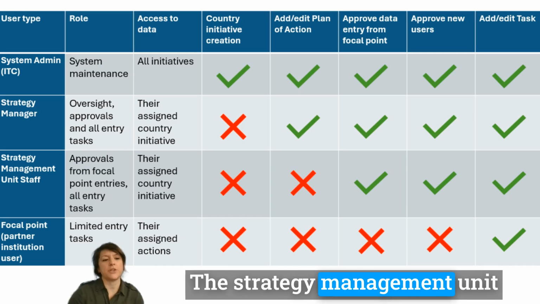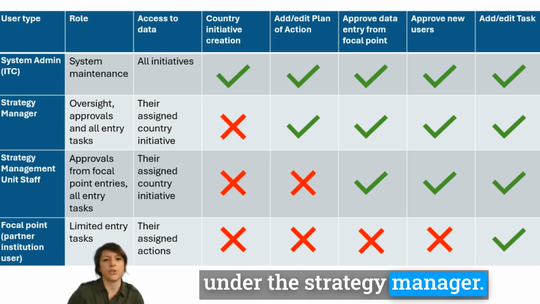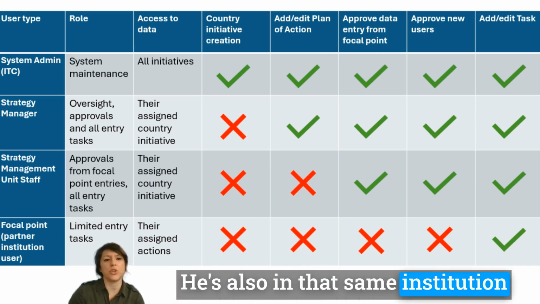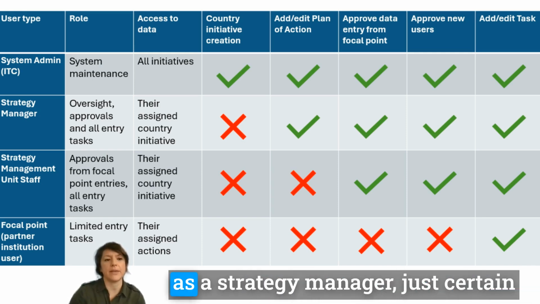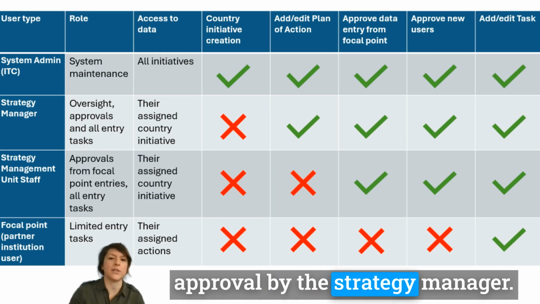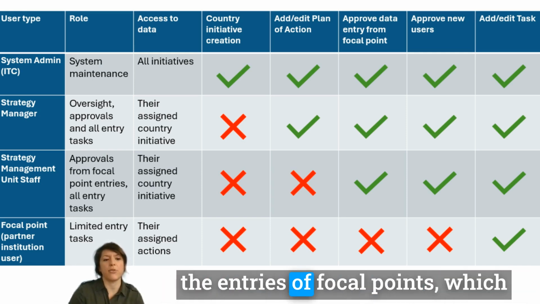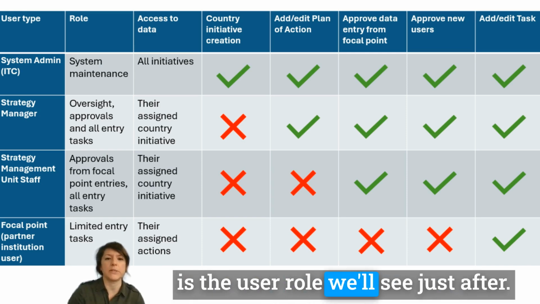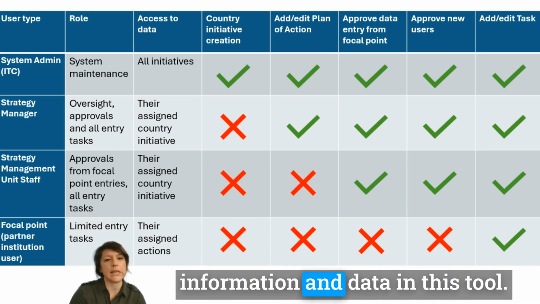The strategy management unit staff is any staff that works under the strategy manager. He's also in that same institution and in that same team. That role has almost the same rights as the strategy manager, just certain elements of the data entry require approval by the strategy manager. He also has all the rights to approve the entries of focal points, which is the user role we will see just after, and he can enter all types of information and data in this tool.